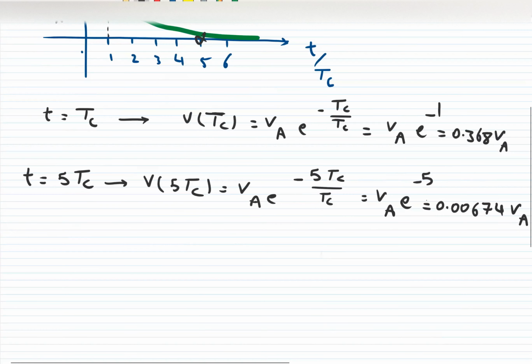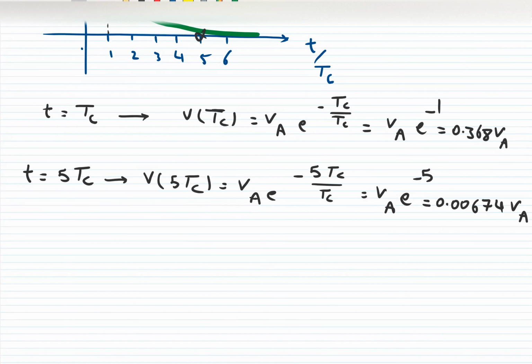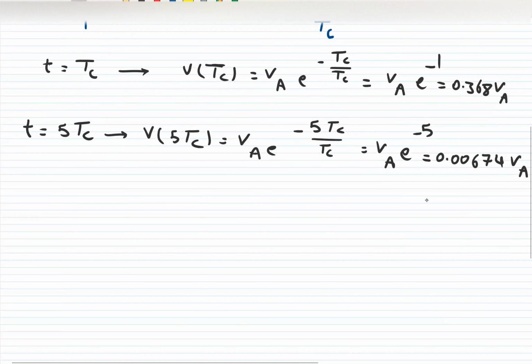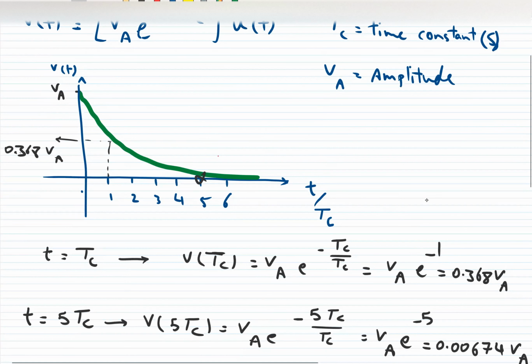So we can see that in theory, v of t after 5 Tc is not equal to zero. It's equal to 0.006 Va. But because this value is negligibly small, we consider it as zero. And we say that the duration of an exponential function is equal to 5 Tc. So when we talk about the exponential function, we consider the duration as 5 Tc.